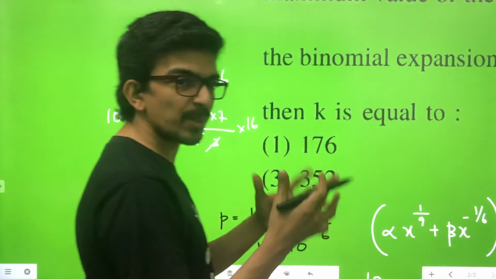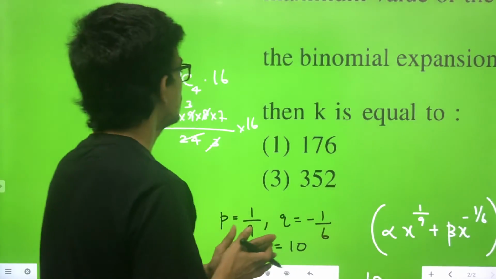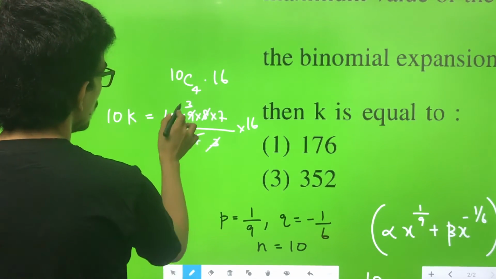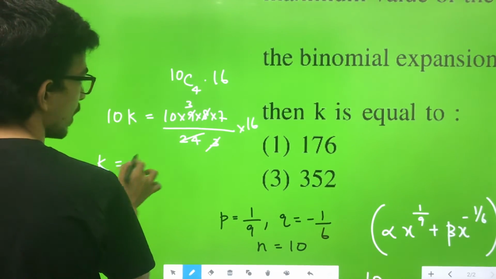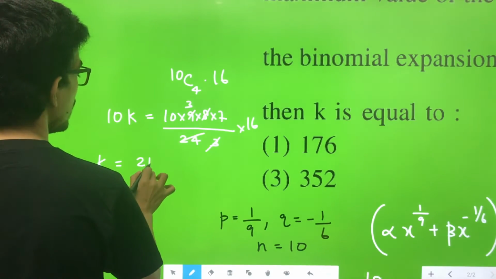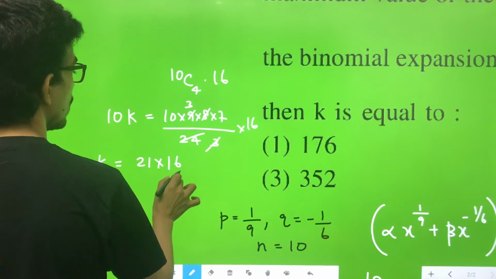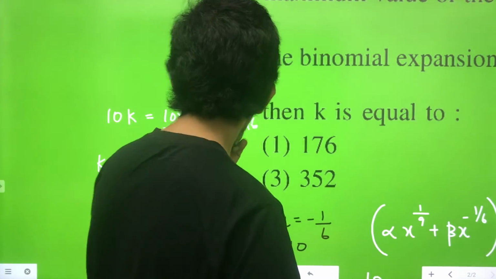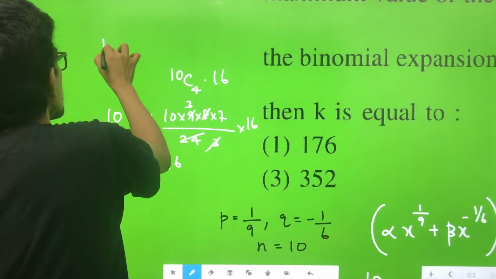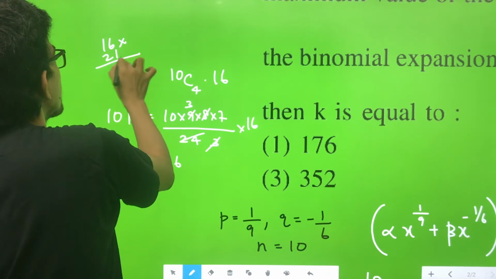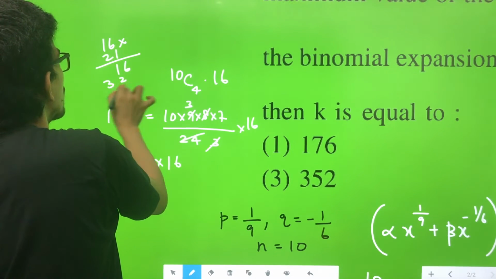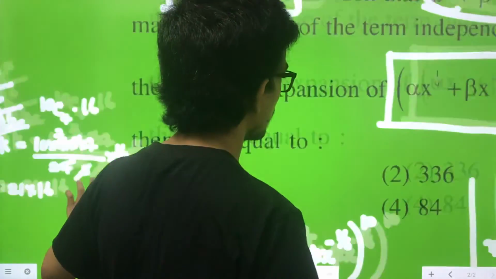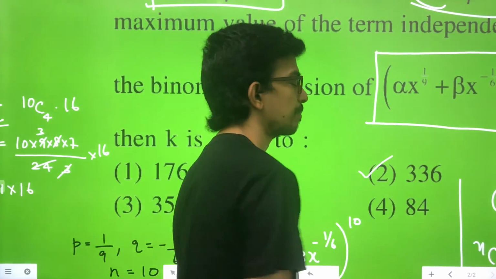So 10 goes away. Your k value, the required answer, will be 21 into 16. 16 into 21 will be 16, 32, 336. I hope we have an answer. Yes, 336 is the right answer.